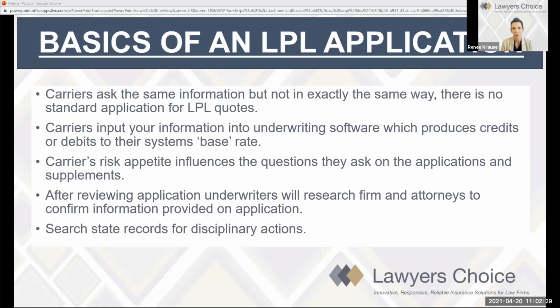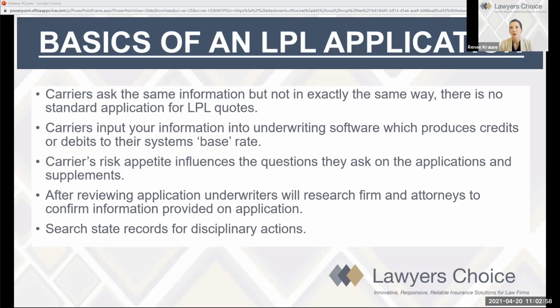There are 6 components that you'll find in every LPL application: your firm's information, your current insurance information, your areas of practice, your attorney roster, your risk management systems, and finally, your claims information. Those categories will be addressed in every application, just differently depending on each carrier.